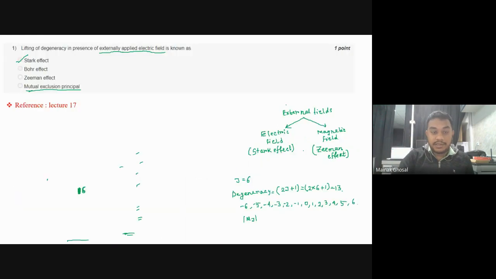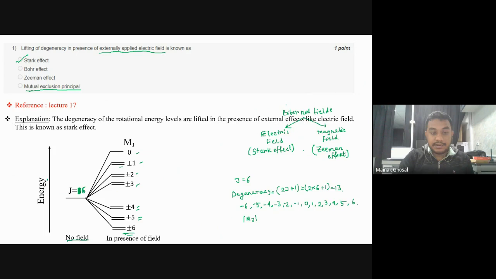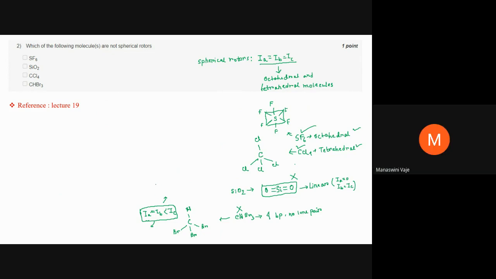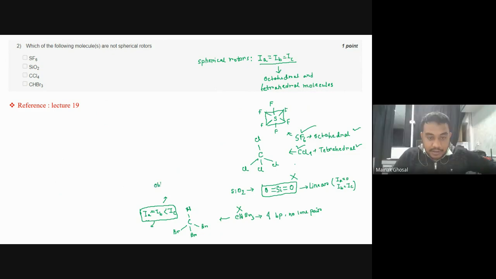Now I am coming to this case where you can see the condition: IA is equal to IB, which is less than IC. So what kind of molecule is this? Oblate, exactly. But when you write it, write oblate symmetric top, because symmetric top is divided into two categories: either prolate or oblate.